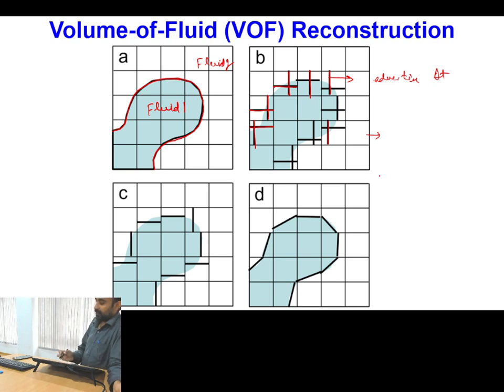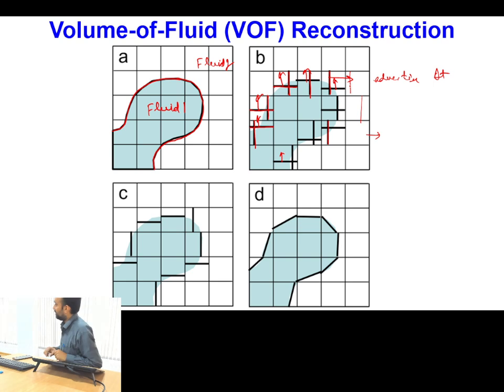If the advection equation is solved for all these lines in a given time step, then all these lines will be occupying their position in the next cells, depending upon the velocity field. Is this one clear? And after that, again the advection is performed for all the vertical lines in the upward direction through the same time step.